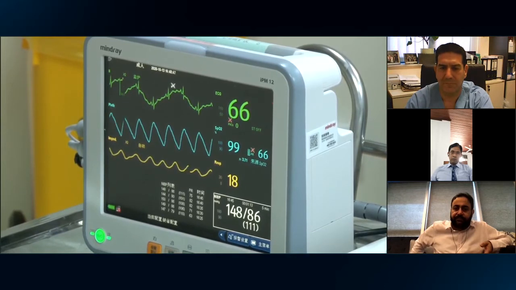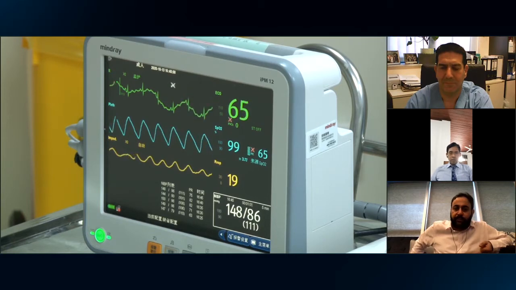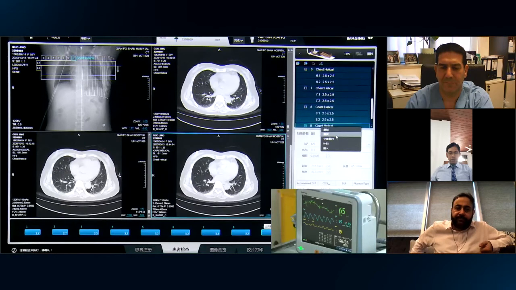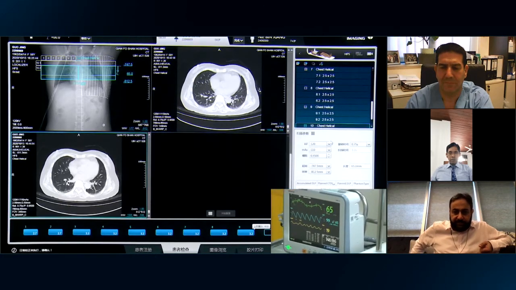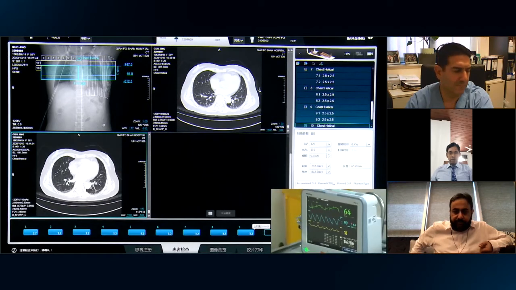Dr. Eric from the Philippines is asking, what are the risks involved in this procedure? This is the final scan to see whether there is bleeding or pneumothorax.